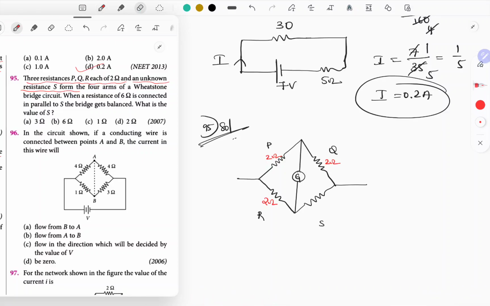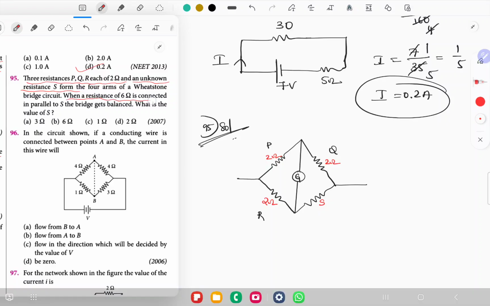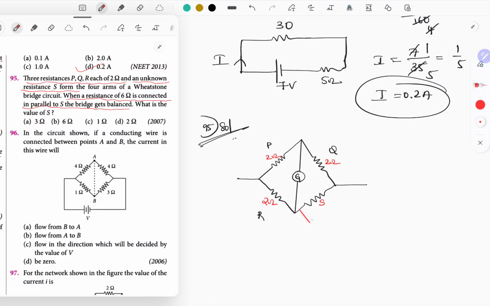So another unknown resistance is S. When a resistance of 6 ohms is connected in parallel to S, the bridge is balanced.